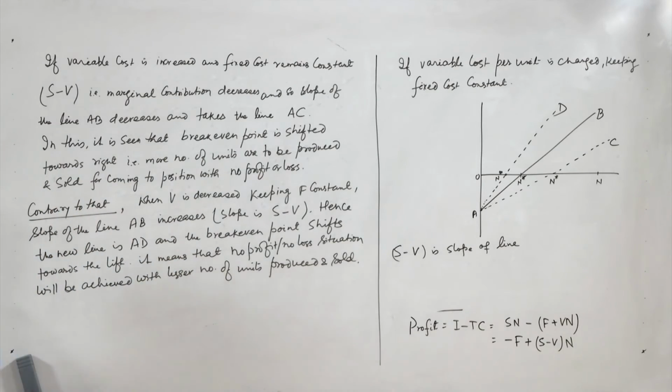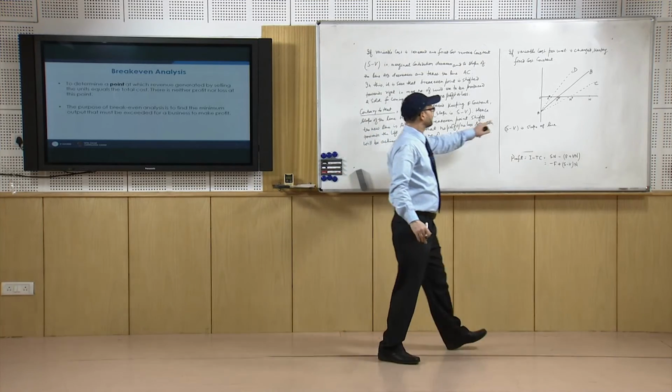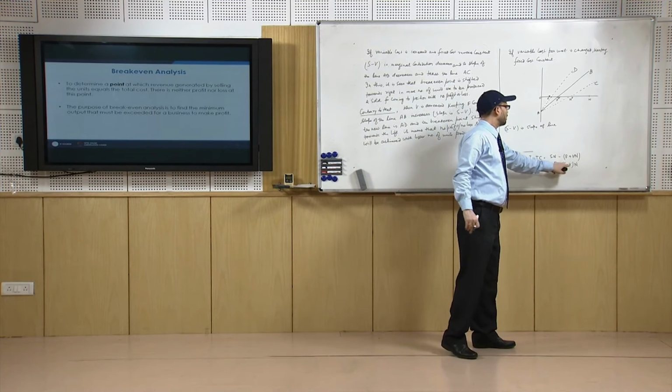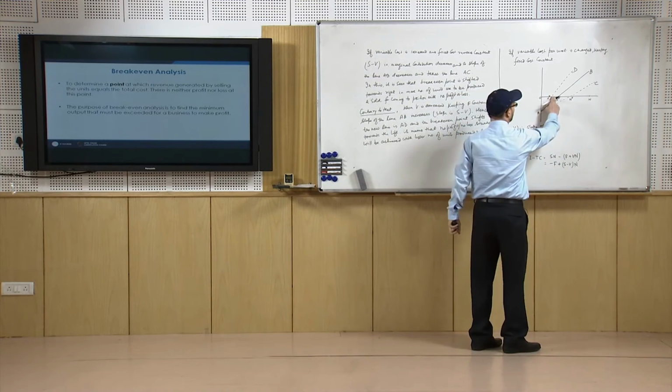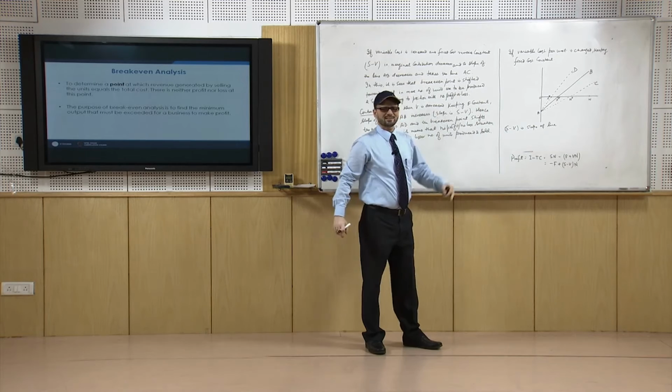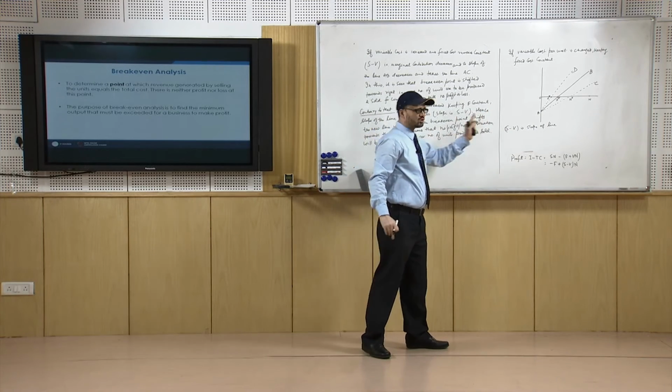So, what we see is how this fixed cost or variable cost is changing the break even point either towards the left or towards the right.